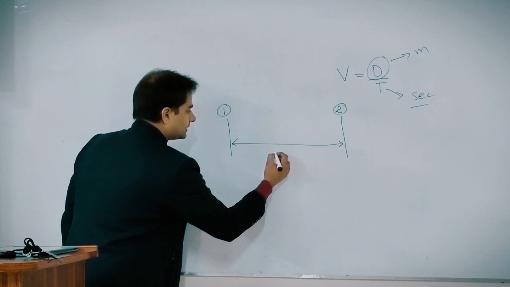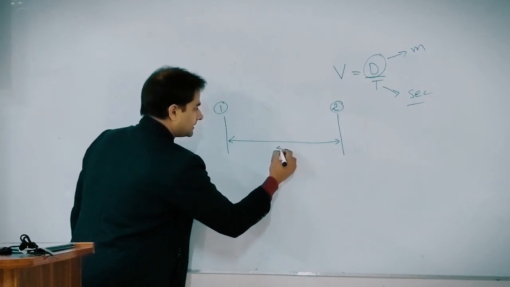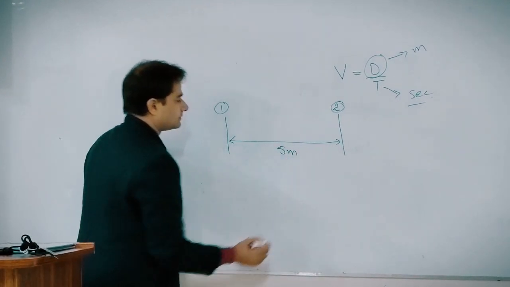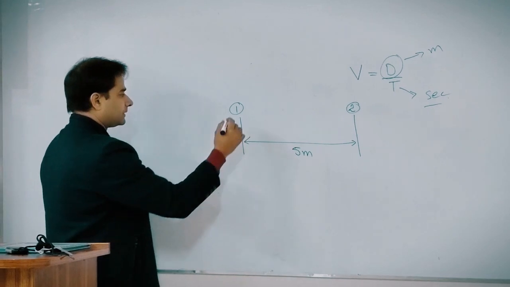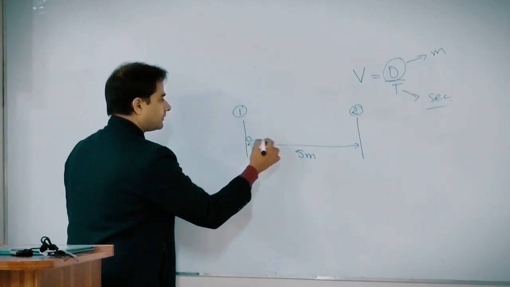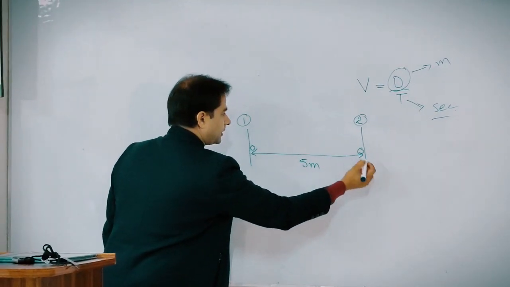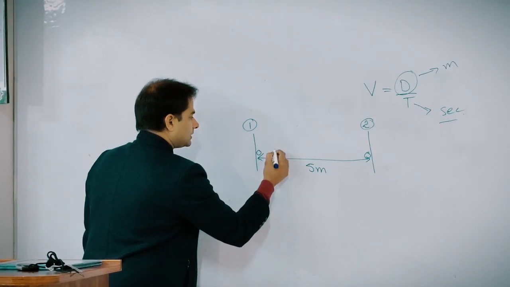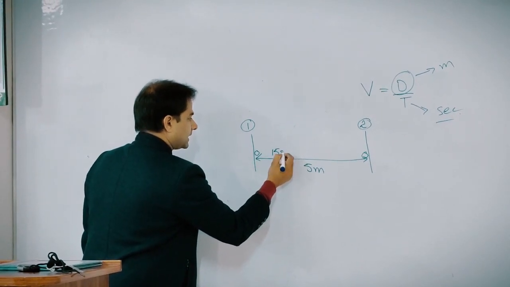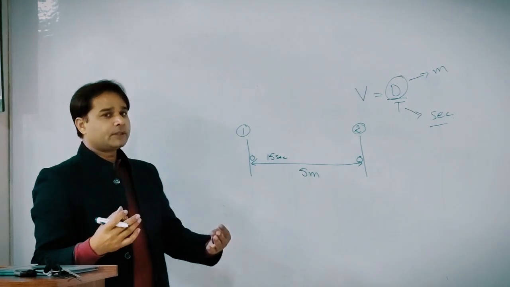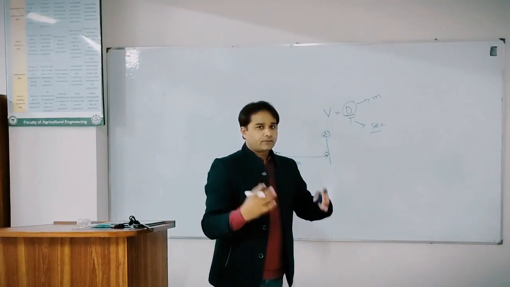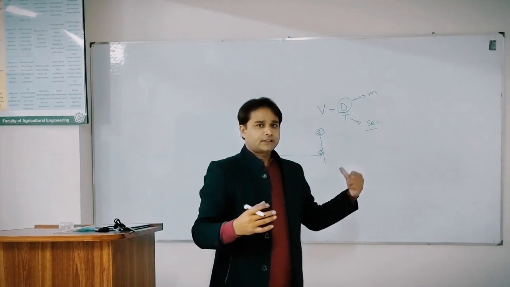For example, the distance between these 2 points is 5 meters. And the time taken by the floating body from point 1 to reach point 2 is, let's suppose, 15 seconds. Then what will be the velocity of the water flowing through this section?